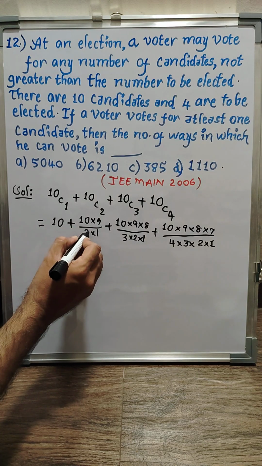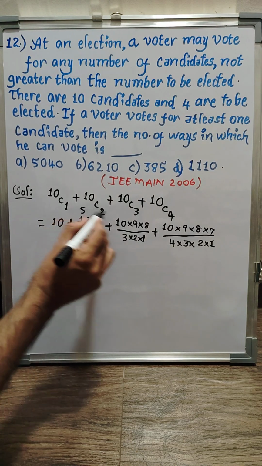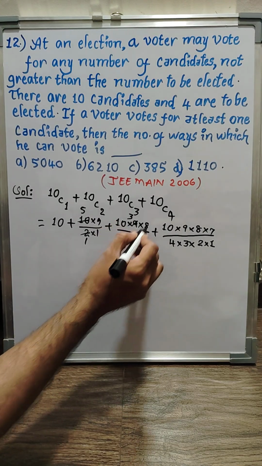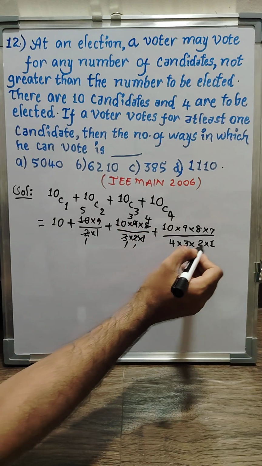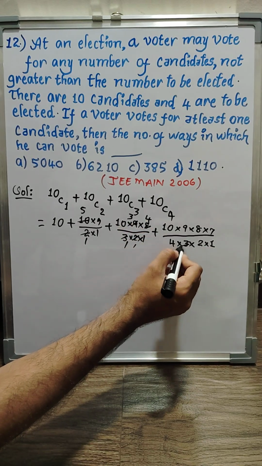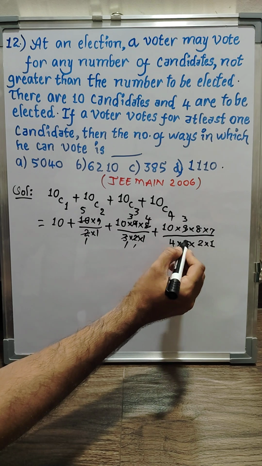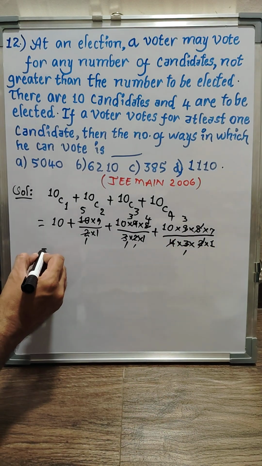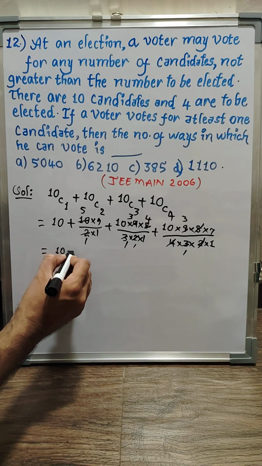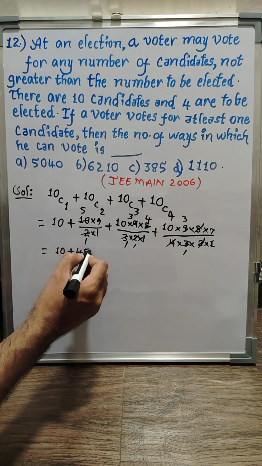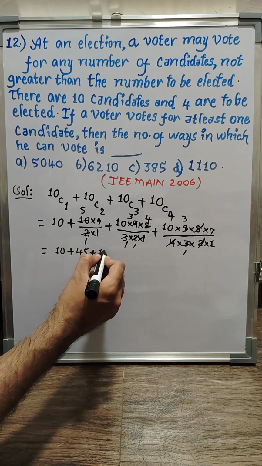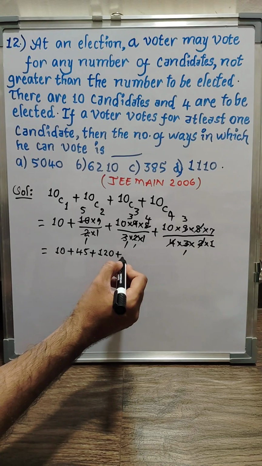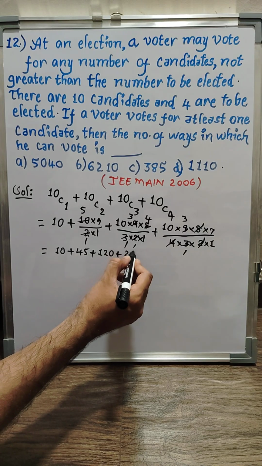Now, cancelling: 2 ones are 2, 5 nines are 45, 4 threes are 12, 12 into 10 is 120, and 3 sevens are 21, 21 into 10 is 210.